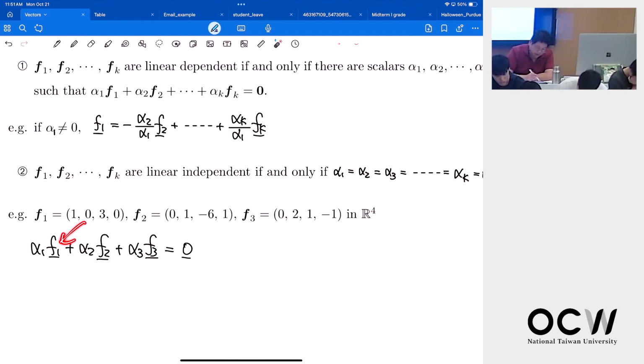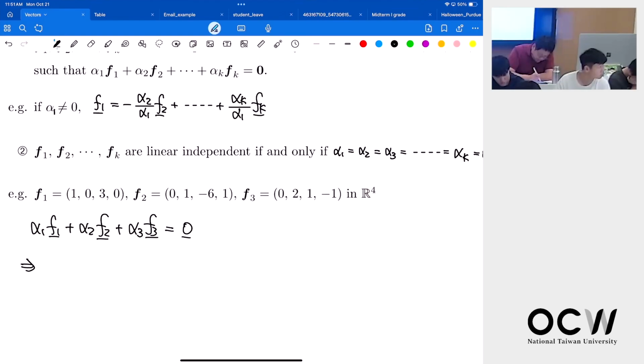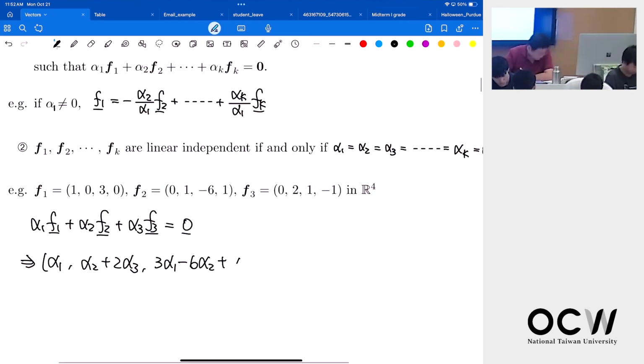We need to check whether those coefficients are all zeros or not. So we can substitute f1, f2, and f3, these three vectors. We have alpha 1, alpha 2 plus 2 alpha 3, 3 alpha 1 minus 6 alpha 2 plus alpha 3, and alpha 2 minus alpha 3.